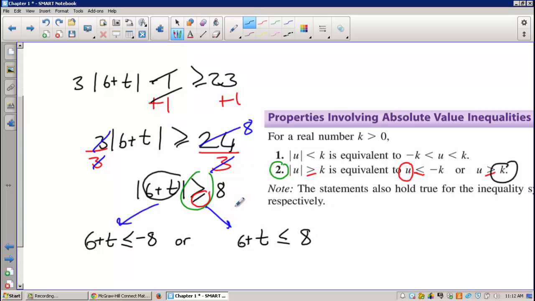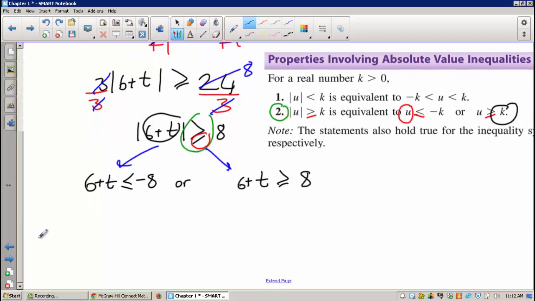I made a mistake. Where is the mistake? The second one should be greater, right? It says greater here. Why do I make less? Greater than the positive case, less than the negative case. That's it. And you bring this inside stuff to the left side.